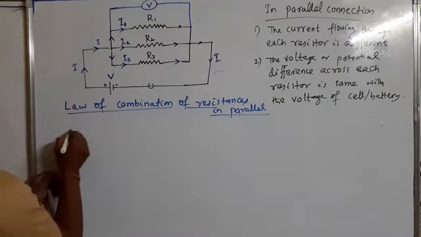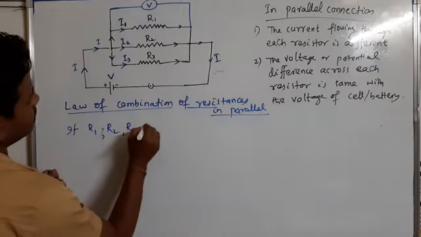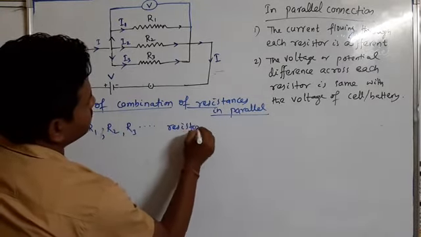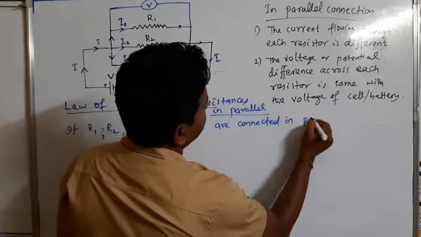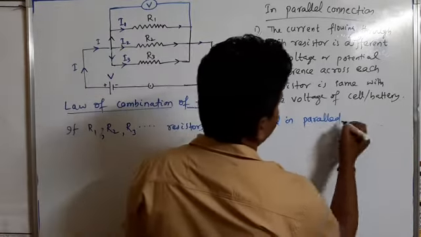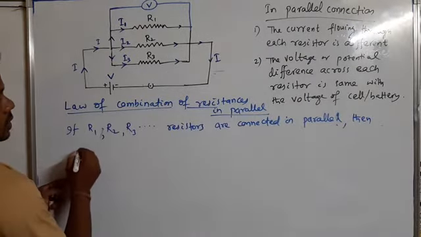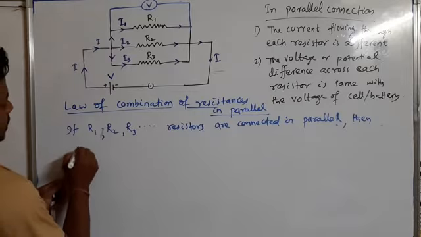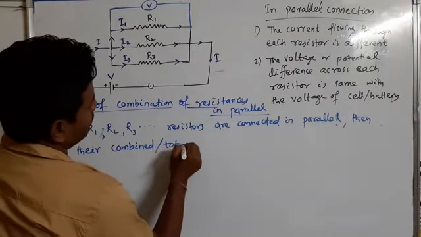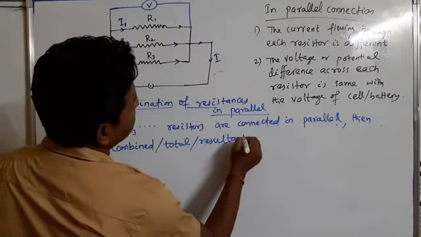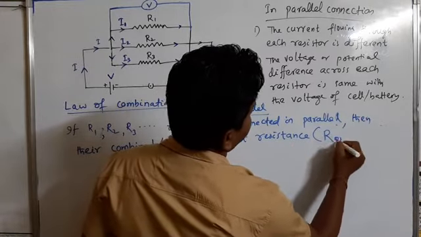As I have already drawn the diagram, if R1, R2, R3 resistors are connected in parallel, then their combined total resultant resistance is symbolized as Rp here.